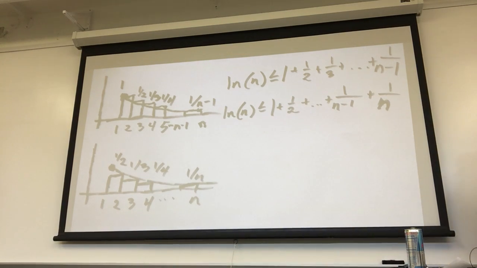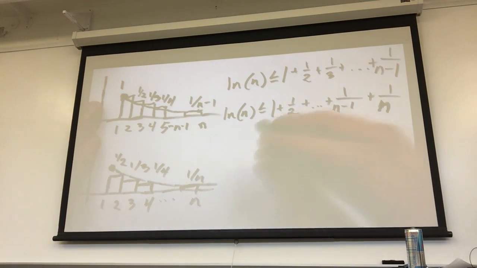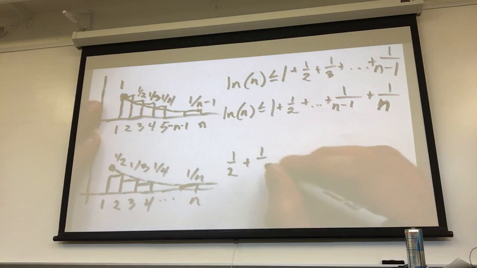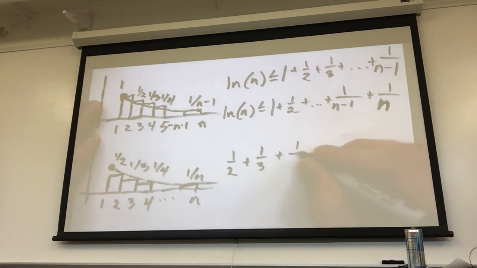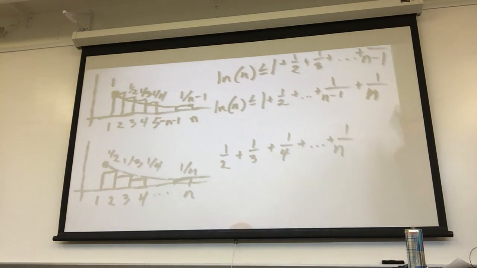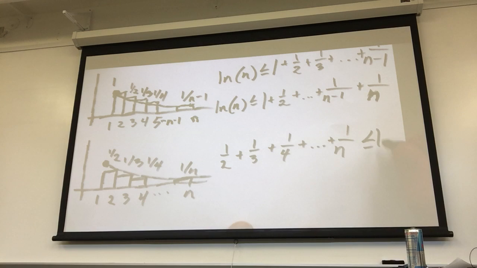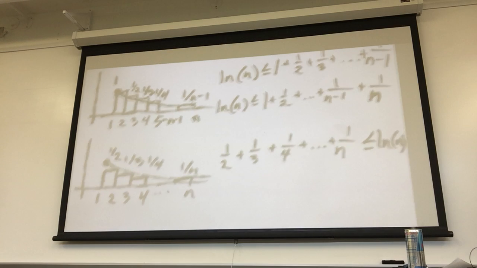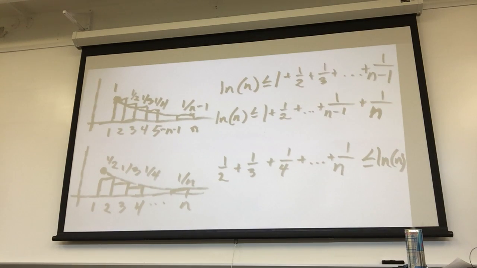So what is that telling me? That's telling me that 1/2 plus 1/3 plus 1/4 plus all the way off to 1 divided by n, all of this is going to be less than or equal to the natural log of n.